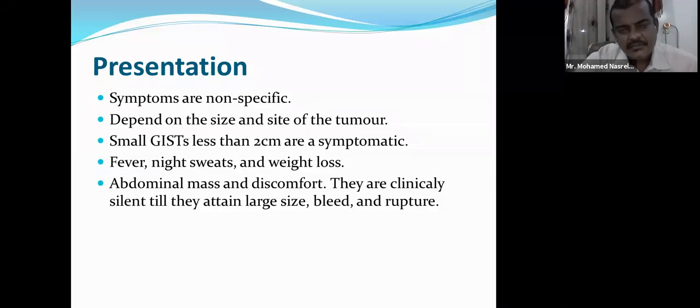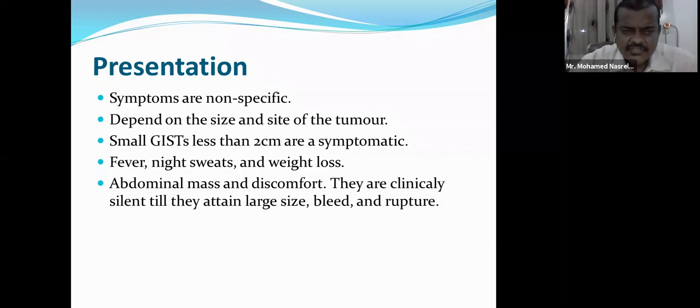If we talk about gastrointestinal stromal tumors in the stomach, the cardia, the esophagus, or the duodenum, the size and site of the tumor can dictate the symptoms with which the patient may present.